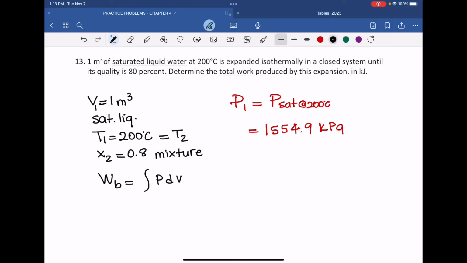Now this is our pressure, and the next thing is in order to calculate this PdV, as I said, the pressure has to be constant because it's a phase change, and we need to also, similar to the previous example, find specific volumes here.